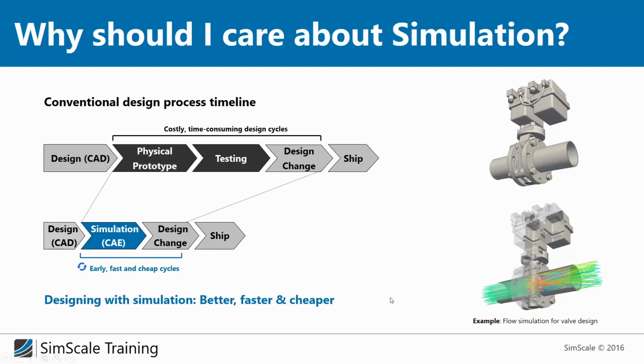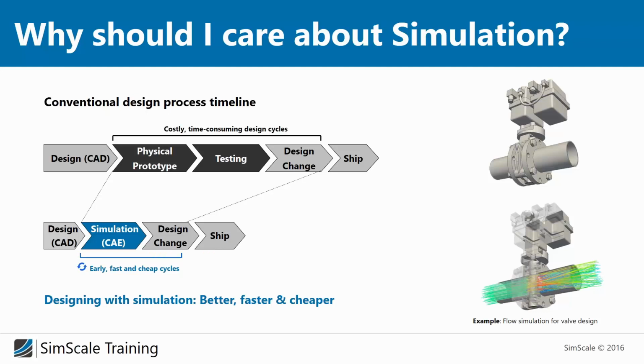So now let's try to understand how I can use simulation and which potential benefits simulation can add to your product development process. And to understand this, let's take a look at how engineers design products, how they were designing products in the past, and how they will design products in the future.